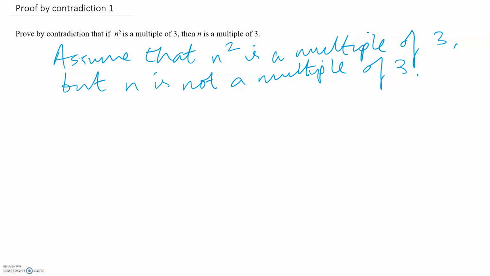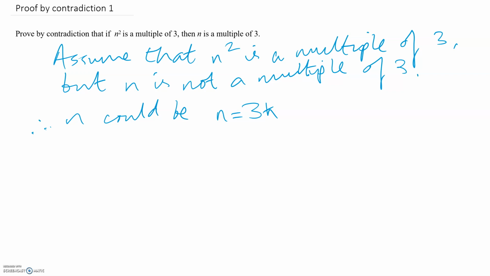So we're assuming the opposite, so something should go wrong, but we'll see what it is in a minute. So if n is not a multiple of 3, therefore n could be either... If n was a multiple of 3, it would be 3 times an integer, so n would be 3k.